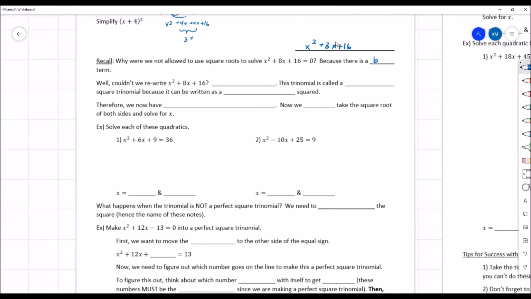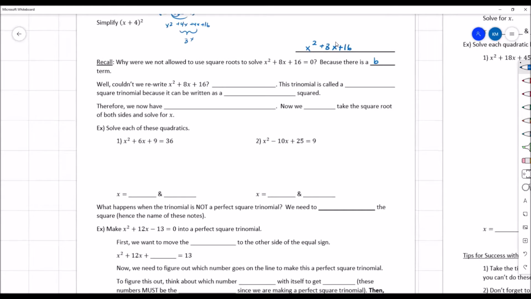We kind of just realized that we could write this as x plus 4 squared and mean the exact same thing. This trinomial is called a perfect square trinomial, because it can be written as a binomial squared.